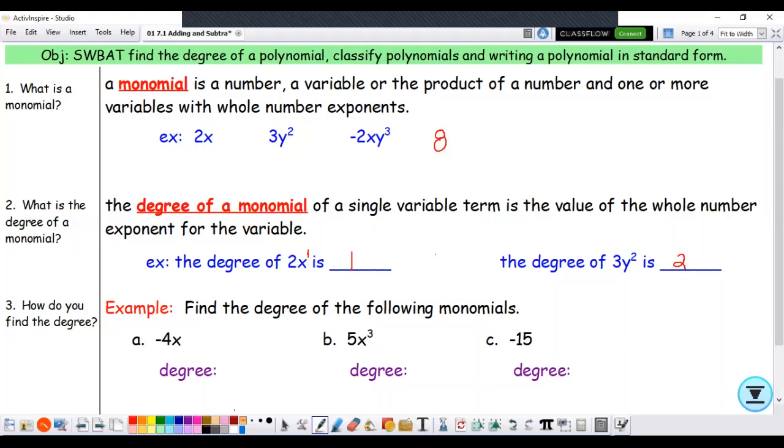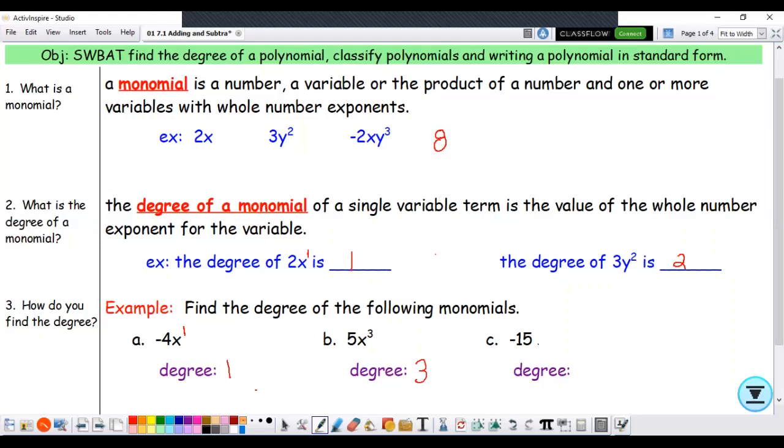So let's take a look at these three examples. We have negative 4x. Just like the example 2x, its exponent is 1, therefore its degree is 1. We have 5x to the third. The exponent on the variable x is 3, so the degree is 3.